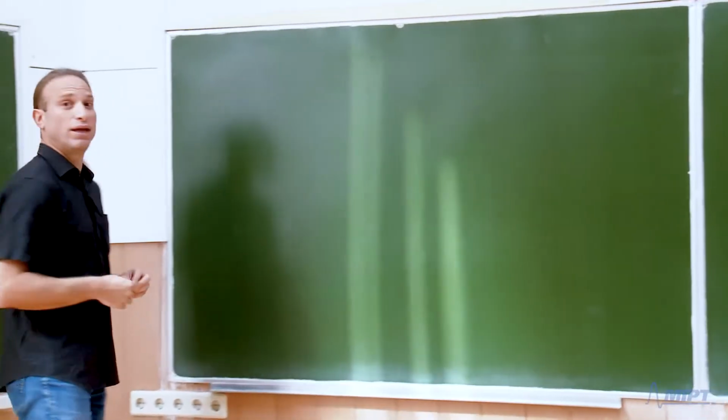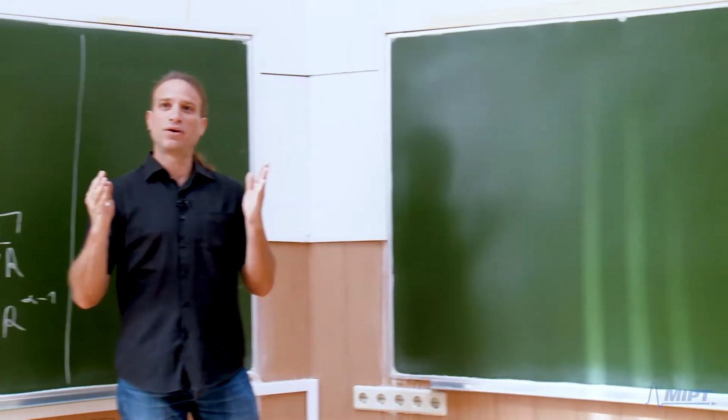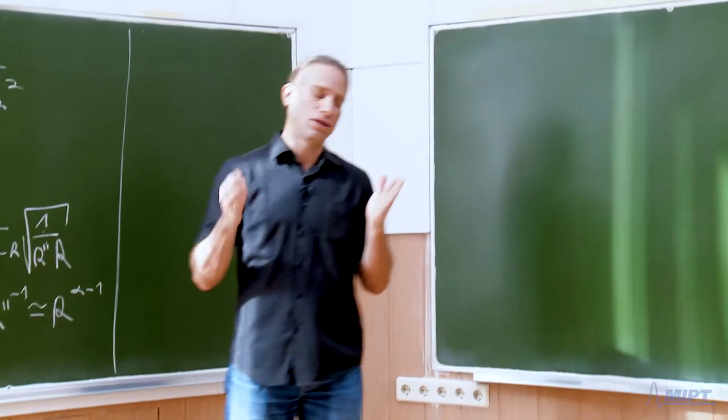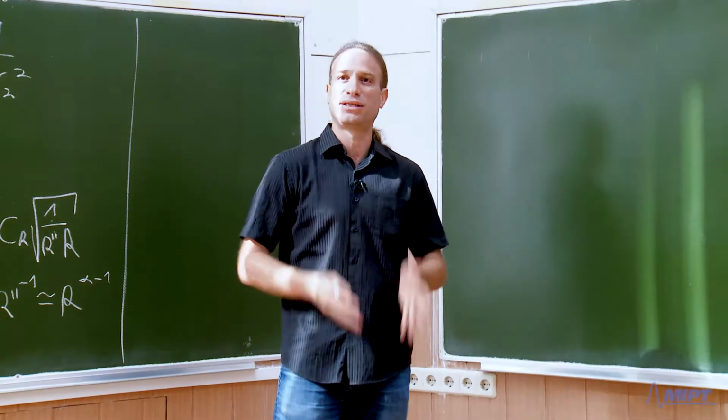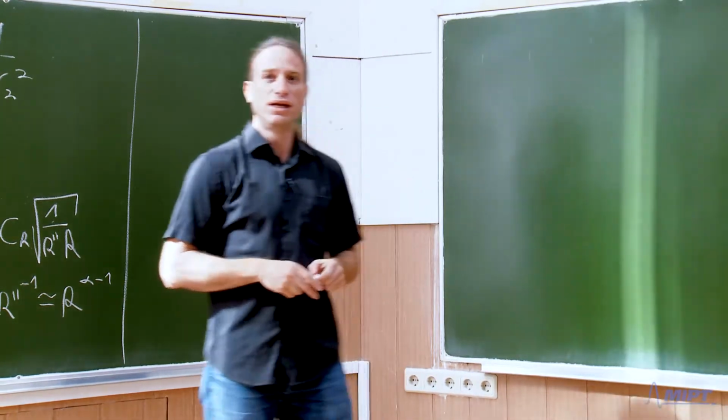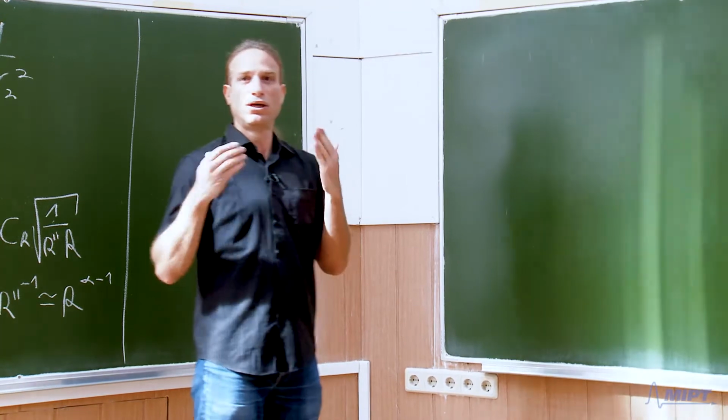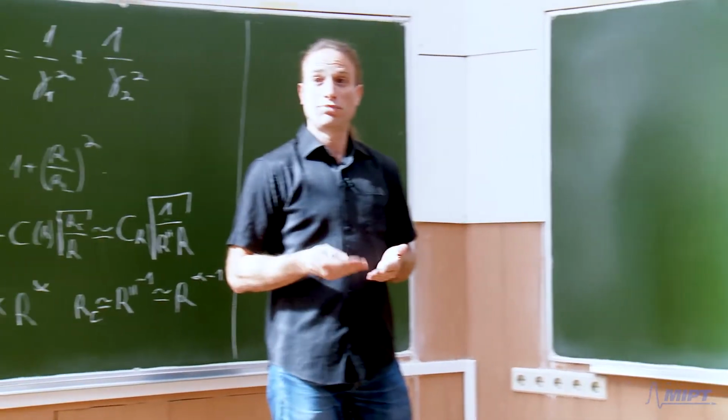Okay? So to remind you, we are in a situation where we have a steady state. Nothing changes in the system. We have a steady flow. And then in a steady state situation, we have a flux conservation of magnetic field.